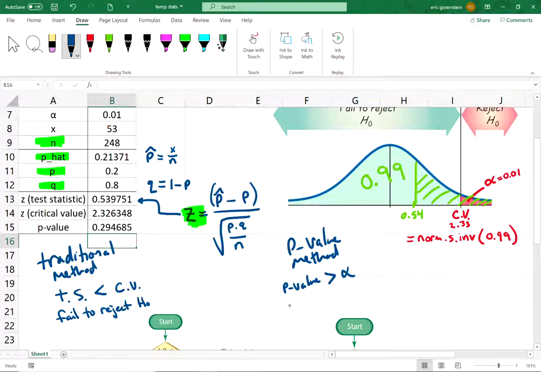So again, that tells us the same thing. Fail to reject the null hypothesis. So whether we're using the traditional method with the 2 z-scores or the p-value method with the 2 areas, we come to the same conclusion. Fail to reject the null hypothesis.